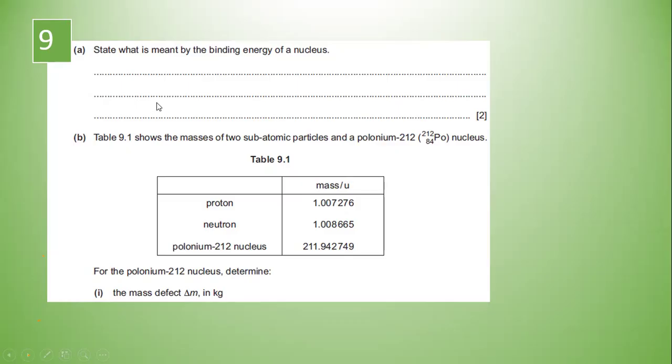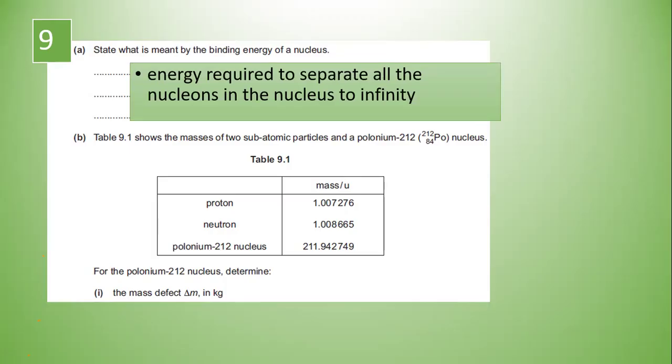Basically, separate the nucleus into its nucleons to infinity. Energy required to separate all the nucleons in the nucleus are same, either you break the nucleus into nucleons or separate the nucleons in the nucleus to infinity.